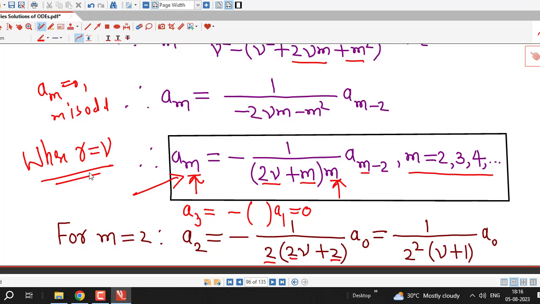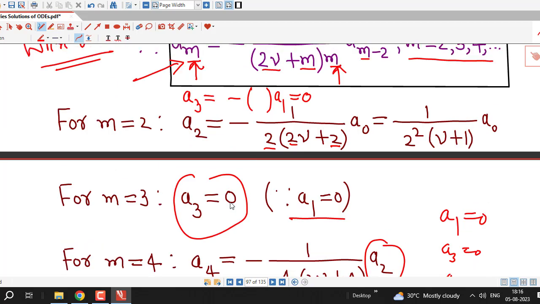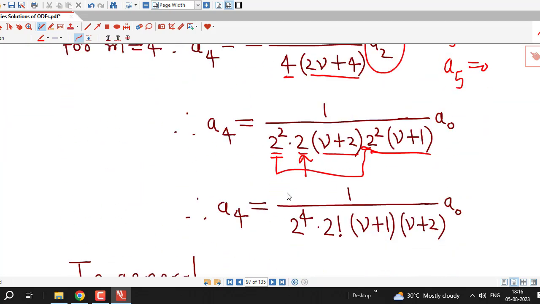That means only the even coefficients are non-zero, and here we can see a2 is 1 over 2 square, nu plus 1, a0, and a4 is 1 over 2 raised to 4, 2 factorial, nu plus 1, nu plus 2, a0. Okay, let me write a2 here.